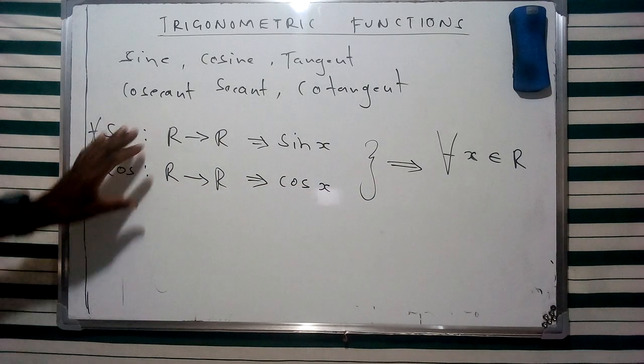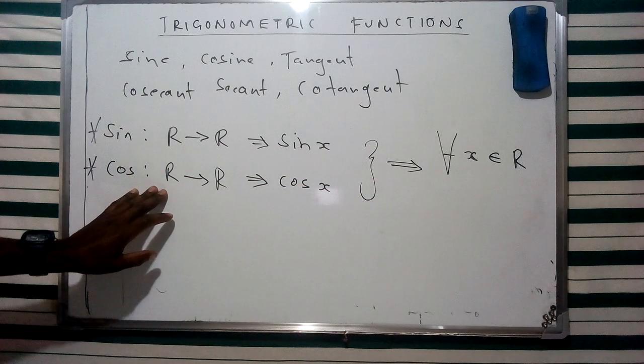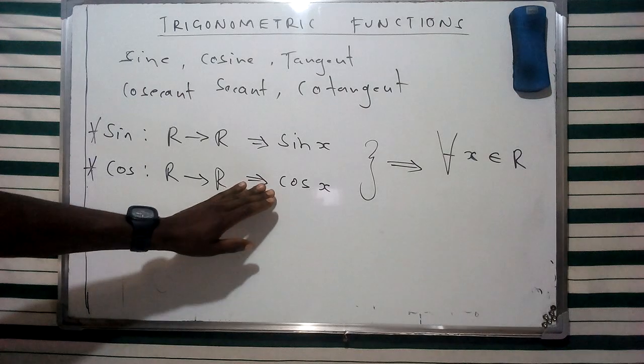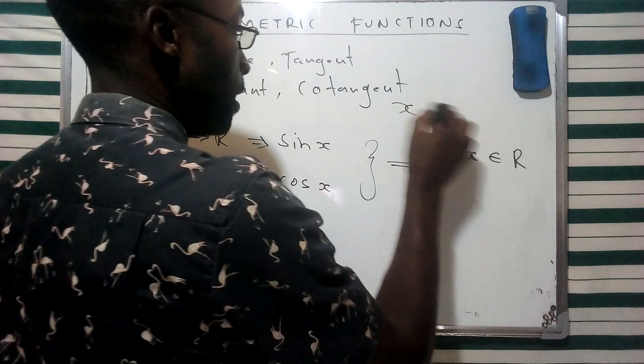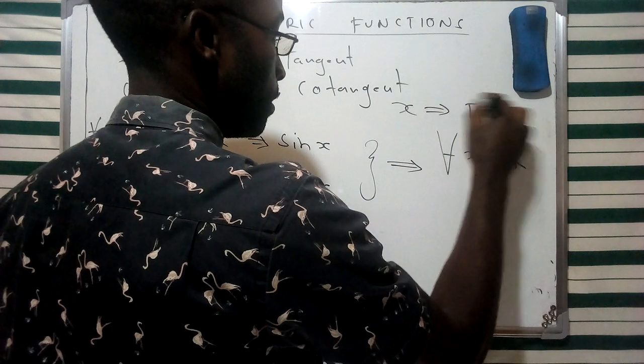So for the sine and the cosine functions, we're going to have these specific conditions applicable. And as I said, we are going to consider that this value of x is given in terms of radians.